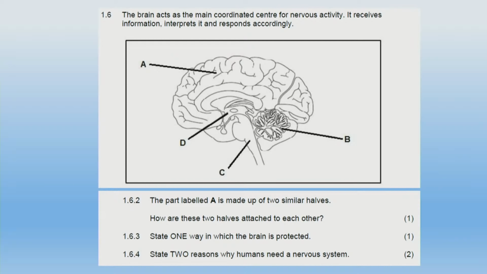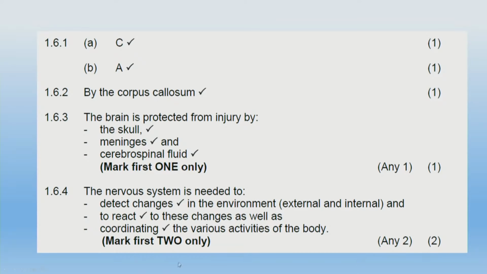So that will be the corpus callosum. And then 1.6.3, state one way in which the brain is protected. Please remember that the brain is protected from injury by the skull, meninges, and cerebrospinal fluid. Let me show you the answers: the skull, the meninges, and cerebrospinal fluid.